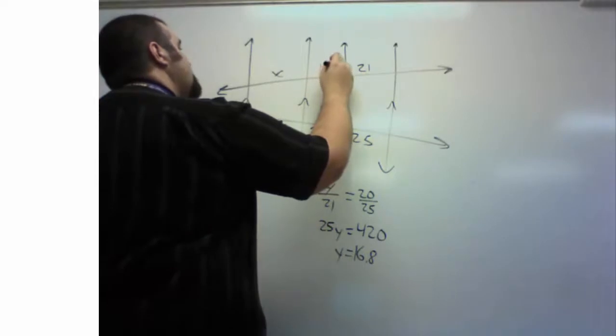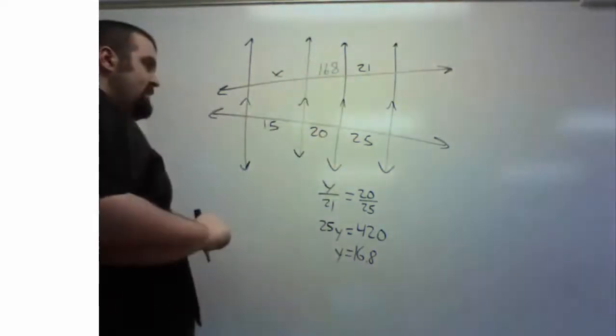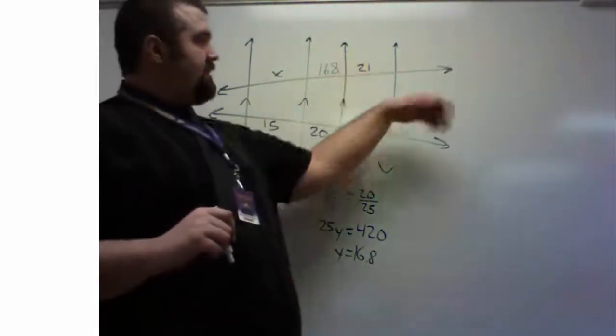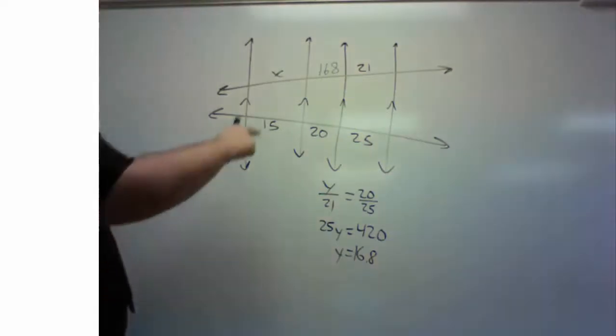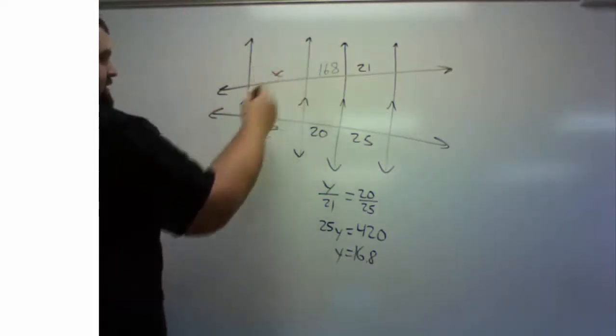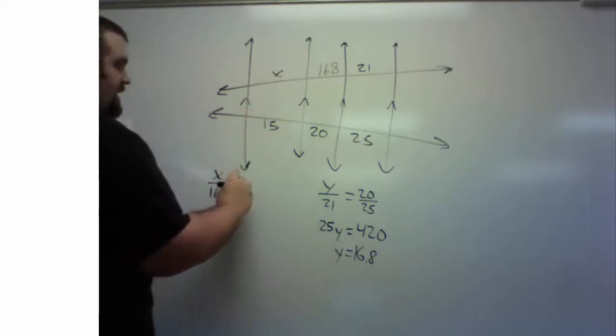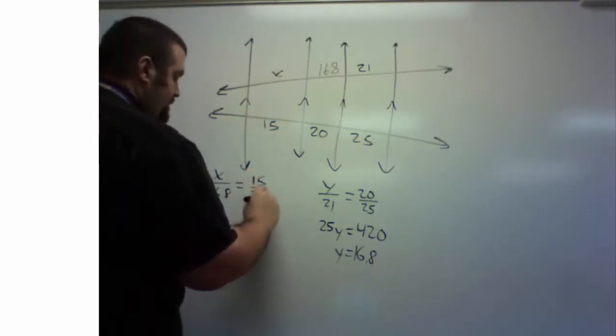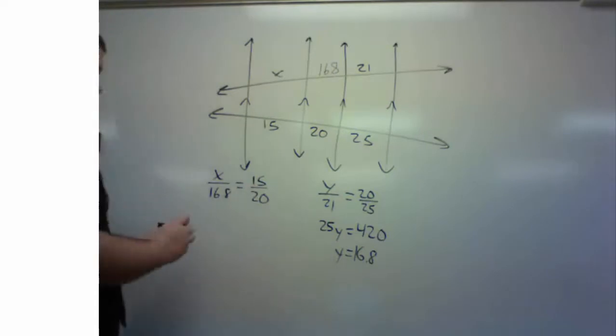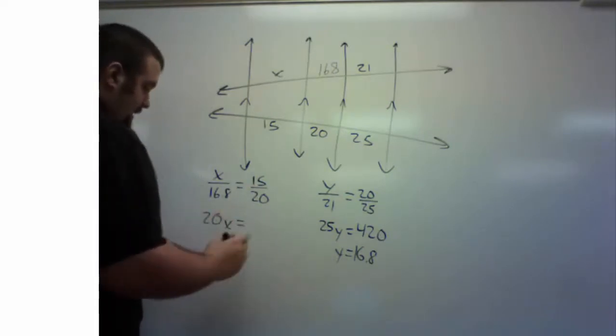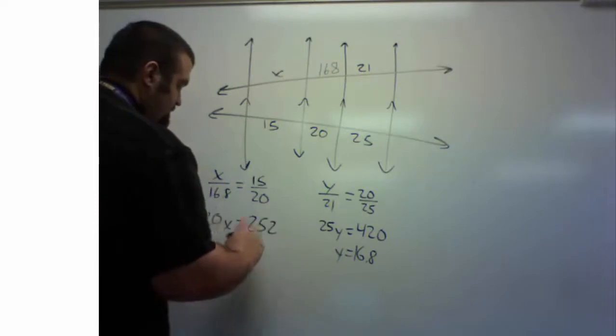Well, if I know this is 16.8, what I'm going to do mentally is I'm going to discard this entire right side. So now that I know this is 16.8, I can compare x to 16.8, and I'm going to do 15 to 20. Awesome. Cross multiply. 20x equals 252.